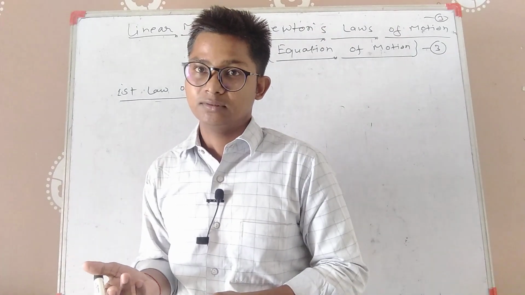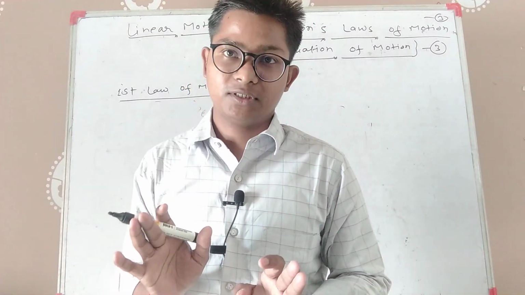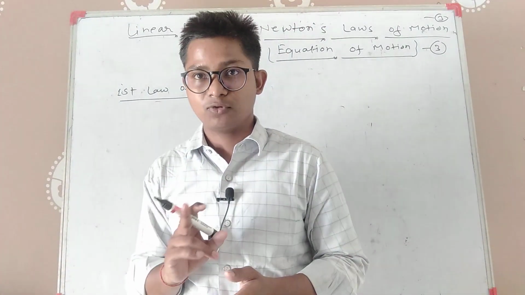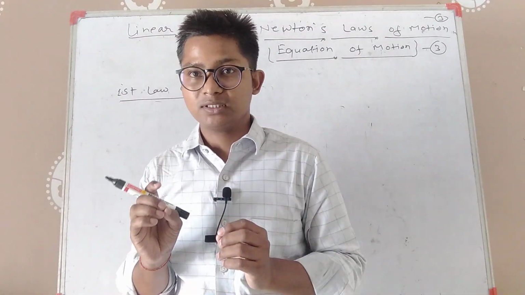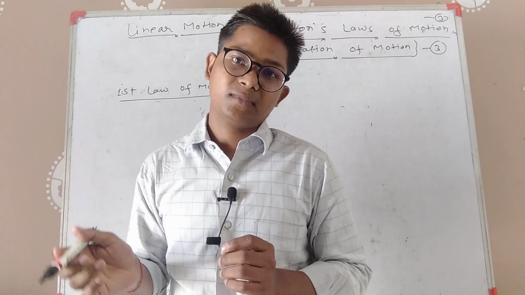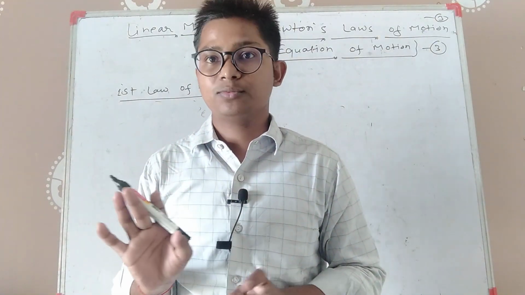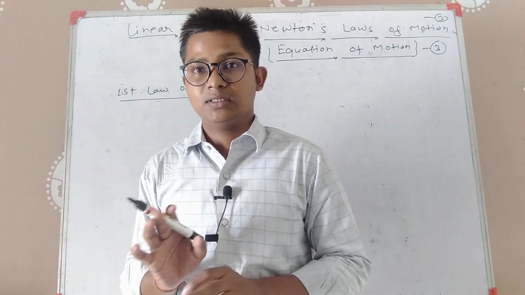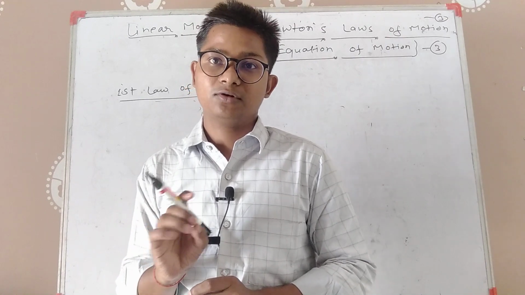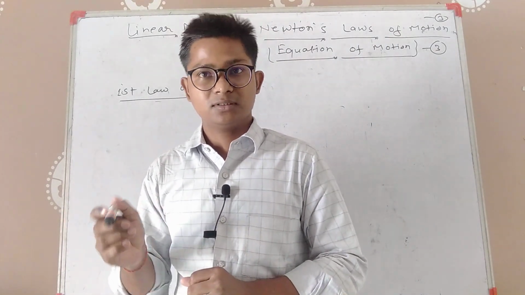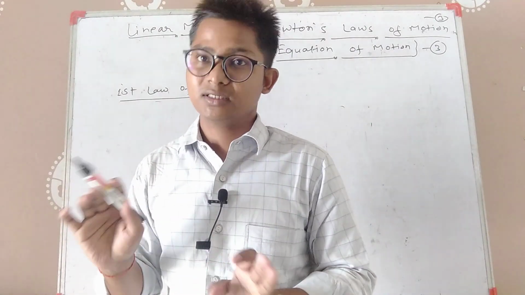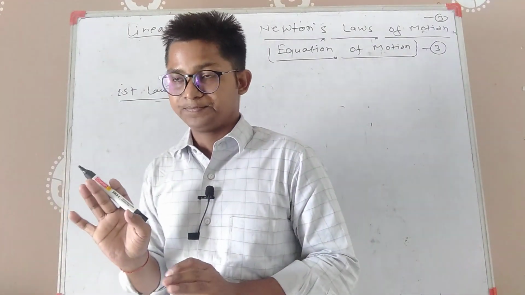That means every object, non-living or living, has a property of inertia. That means it opposes each and every change created in an object. So the object does not want any type of change done by any external cause.